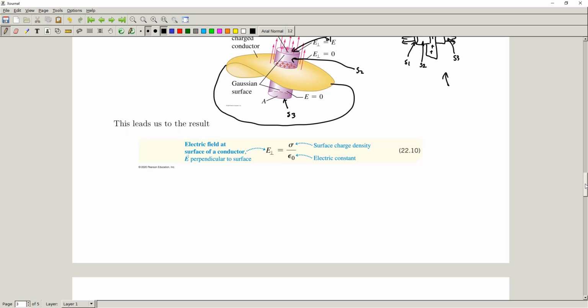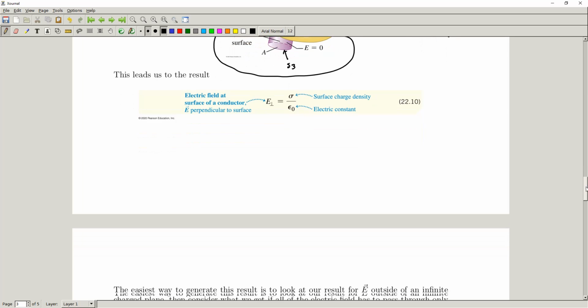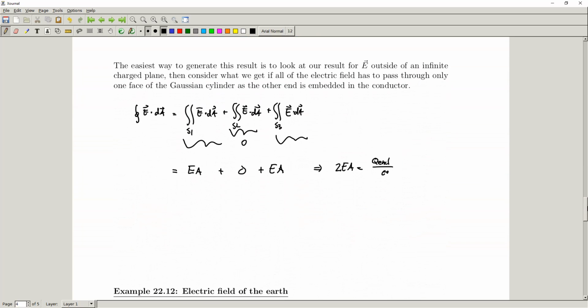Now we have no flux through surface 2 or surface 3, and so this term goes away, right? This term that used to have some value when we were looking at an infinitely thin charged plane, now that we're looking at the surface of a conducting chunk of material, goes to 0, and so we lose this factor of 2.